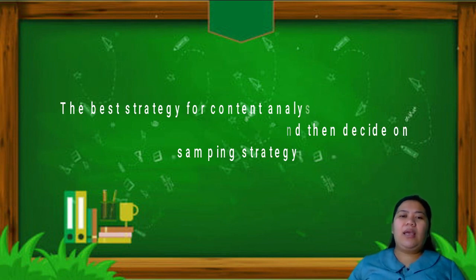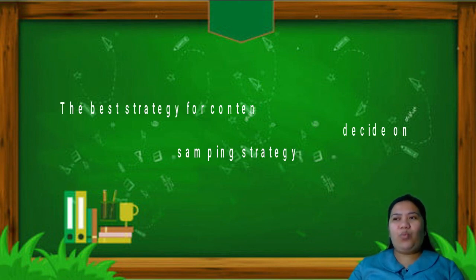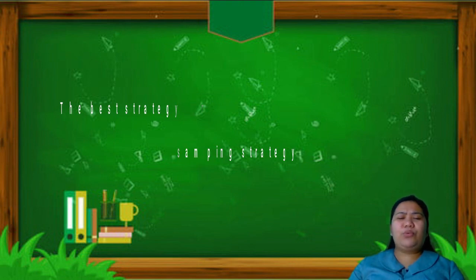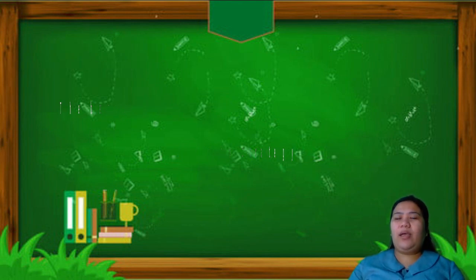Again, content analysis is just the same as literature search. You need to be very systematic and you need to put on categories, so as to avoid errors and really maximize the time that you have in looking for hard evidences.